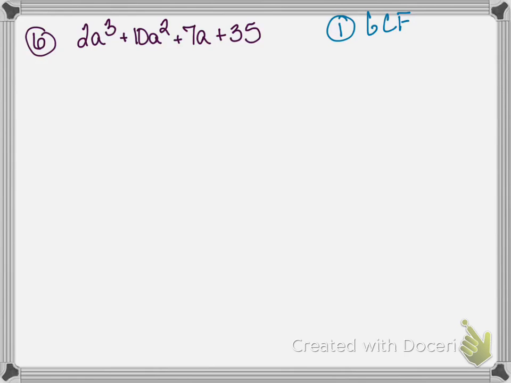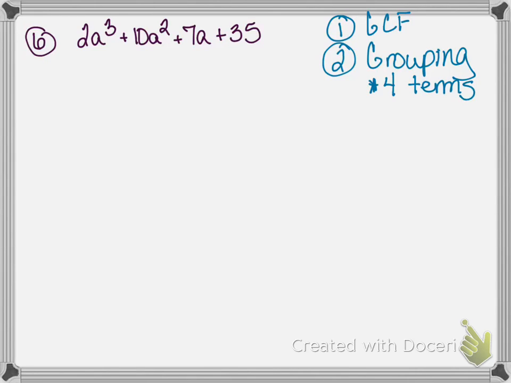Okay, the second thing I ask myself, can I factor by grouping? In order to factor by grouping, I have to have 4 terms. Okay, do I have 4 terms? This has to be factored by grouping. So we are going to factor this one by grouping.